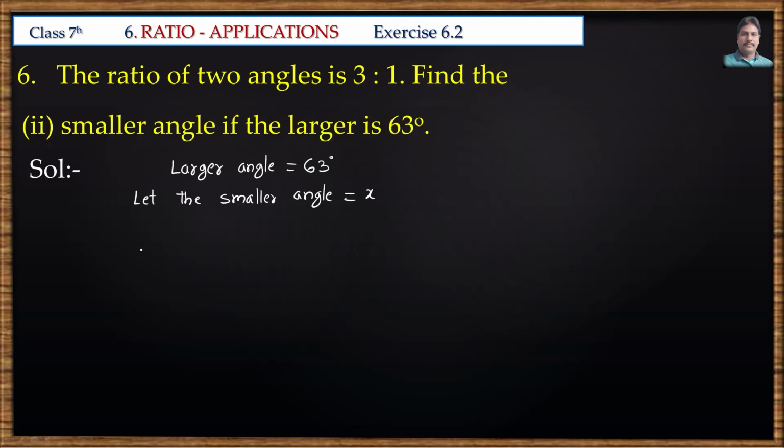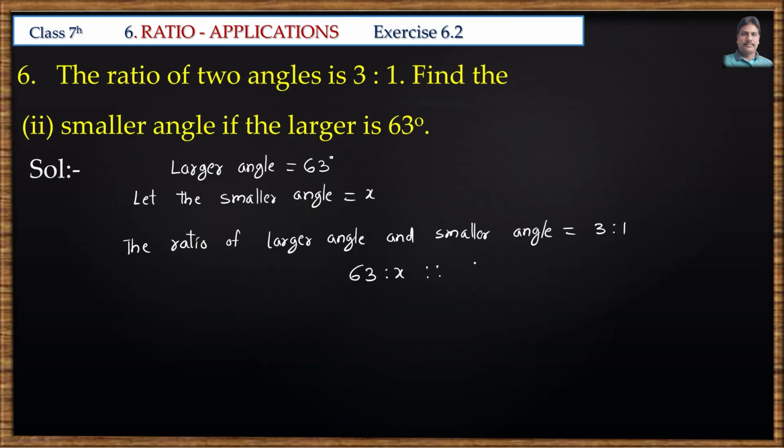It is given that the ratio of larger angle and smaller angle is equal to 3:1. Therefore, 63 is to x is in proportion with 3:1.